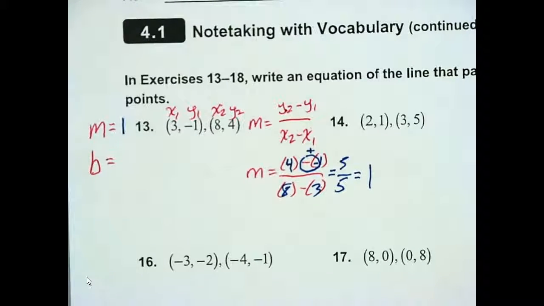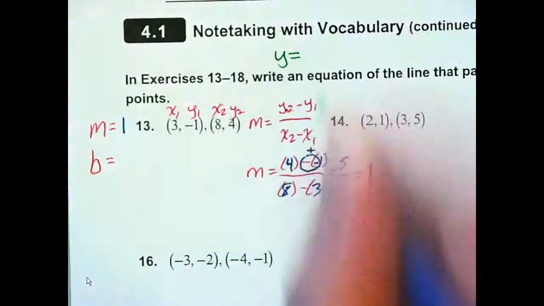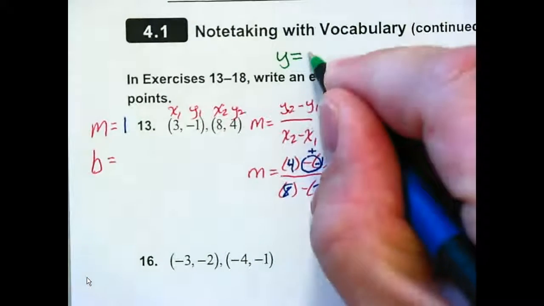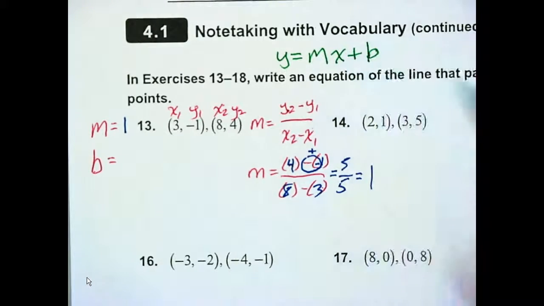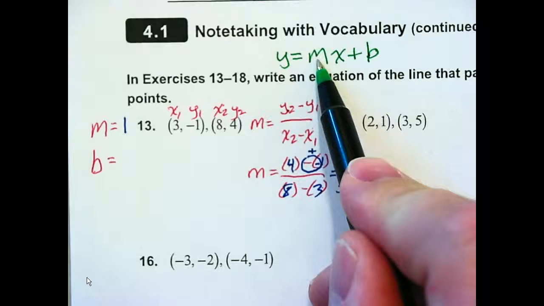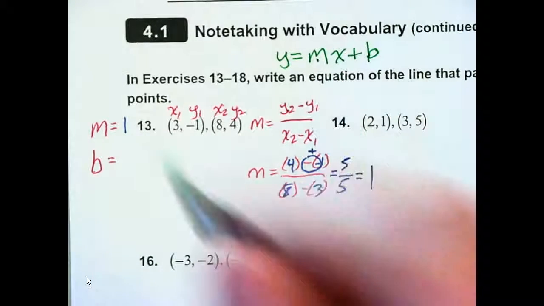Once I know m, I can use this cool equation that I have. y equals what? mx plus b. Now I don't actually have b yet. However, I have m, and I have some xy values. I could use those xy values in that equation.